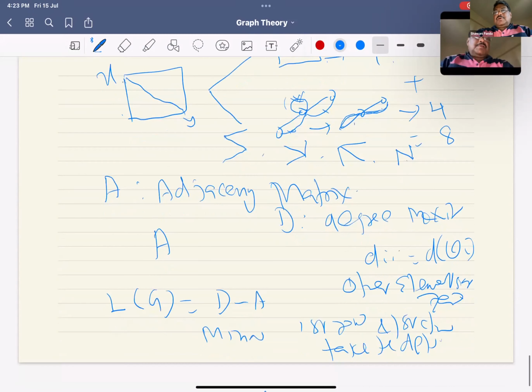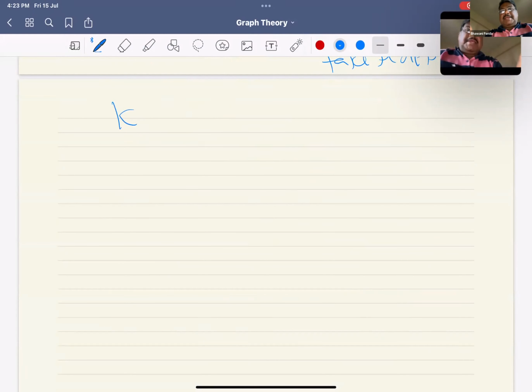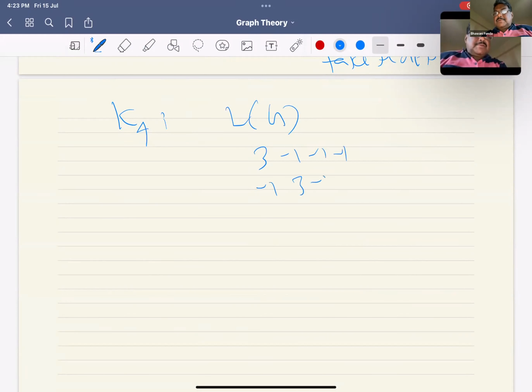For example, for K4, what will be the Laplacian of G? The degree of each vertex is 3. So the rows are 3, minus 1, minus 1, minus 1; minus 1, 3, minus 1, minus 1; minus 1, minus 1, 3, minus 1; minus 1, minus 1, minus 1, 3.